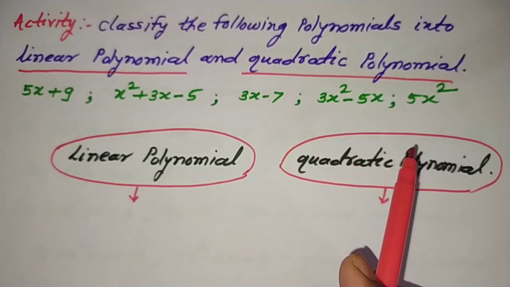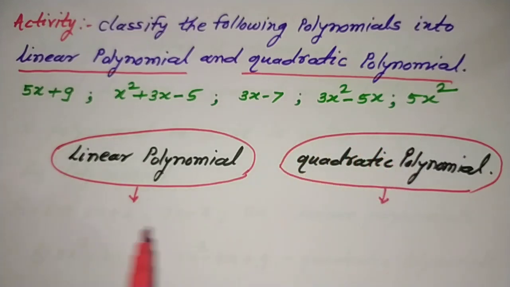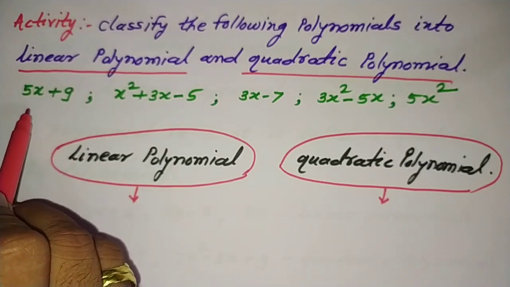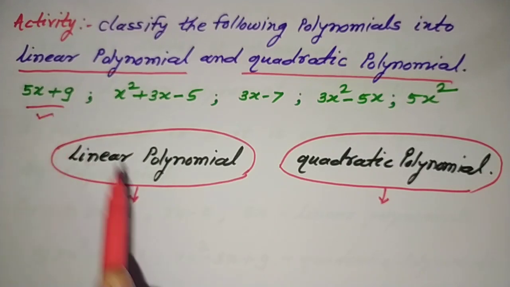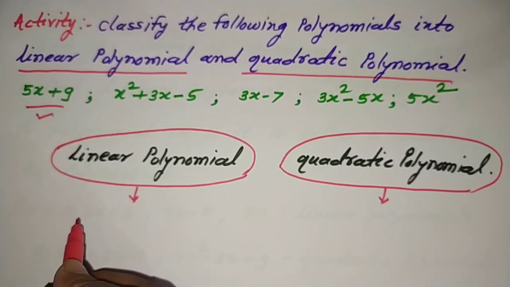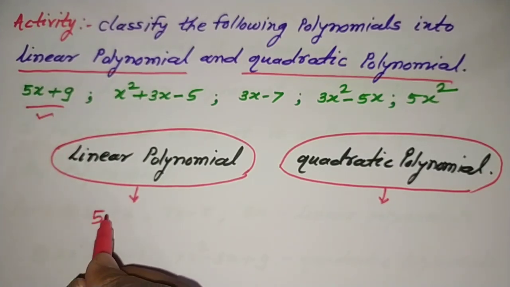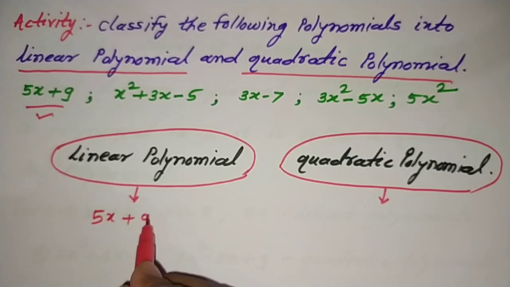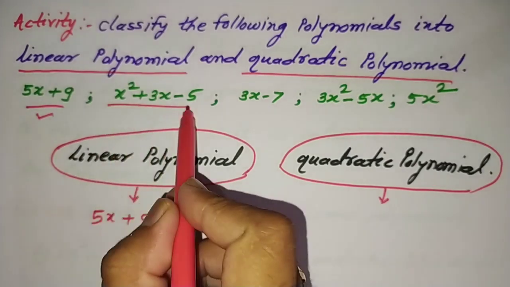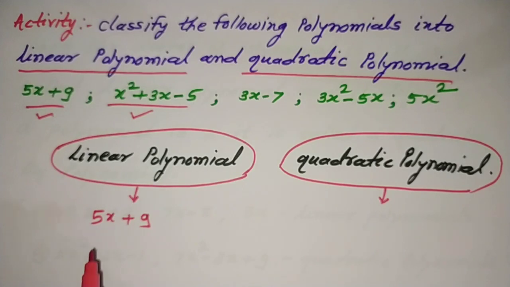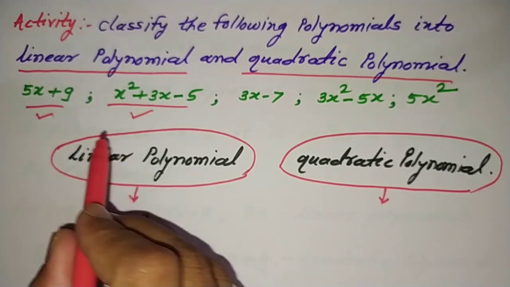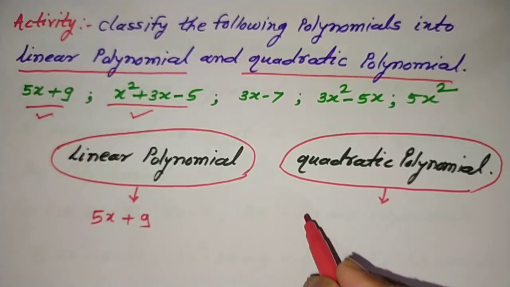This polynomial has degree 1, so it is a linear polynomial. The second polynomial has degree 2, so it is a quadratic polynomial.